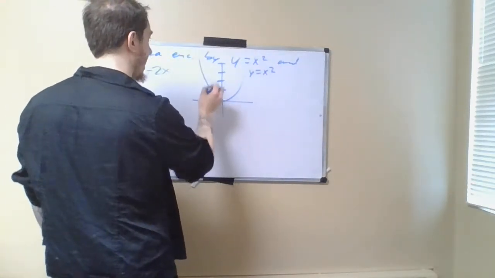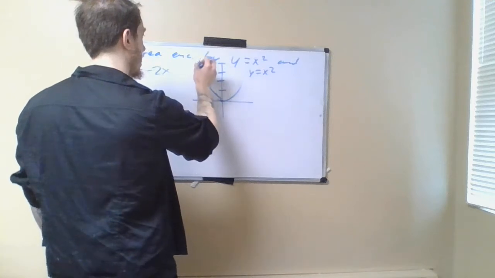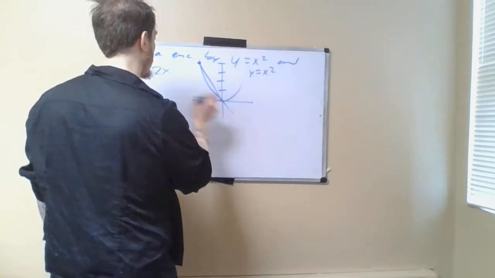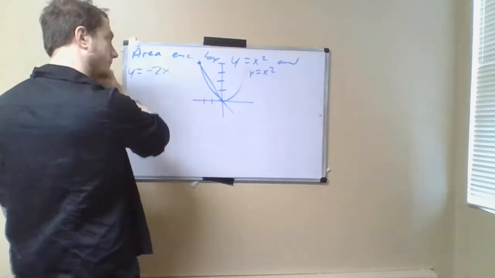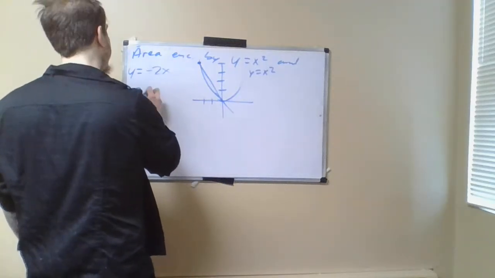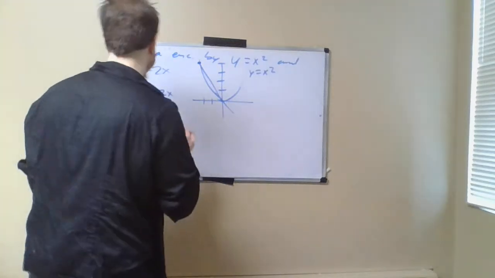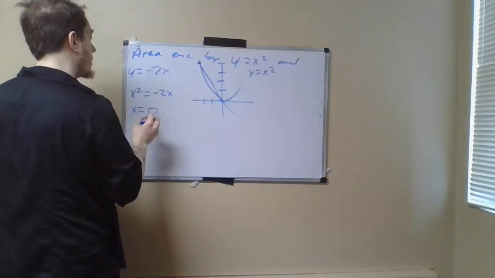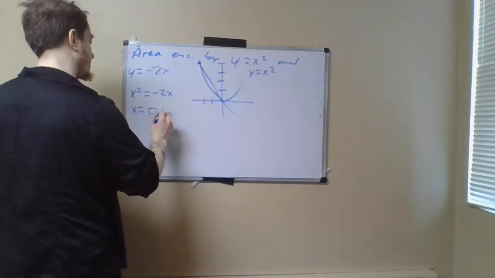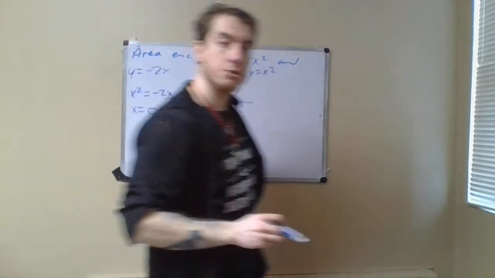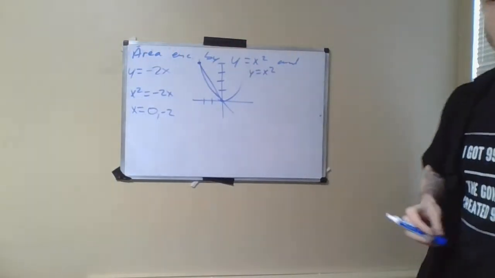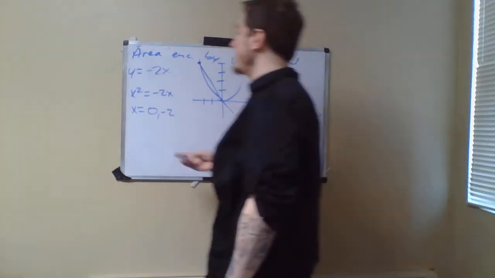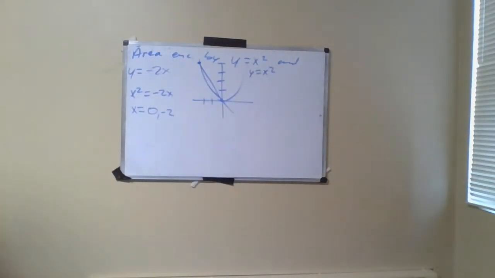Now the -2x is going to go like this, and x squared equals -2x. This is going to have the solutions x equals 0 and also x equals -2. So once again, this is a fairly straightforward one to solve the equations, and so that part is fine.